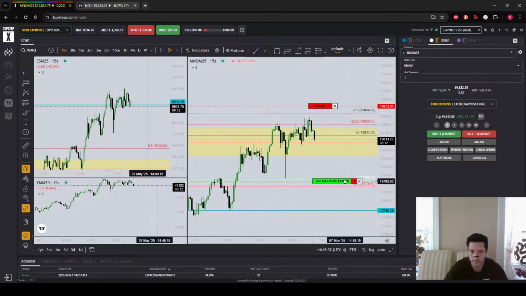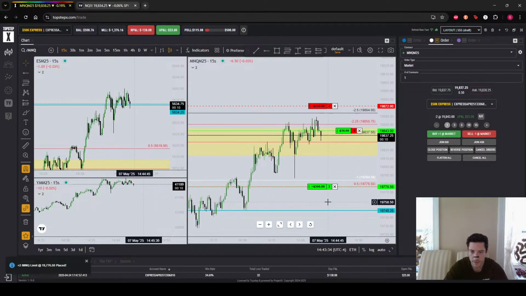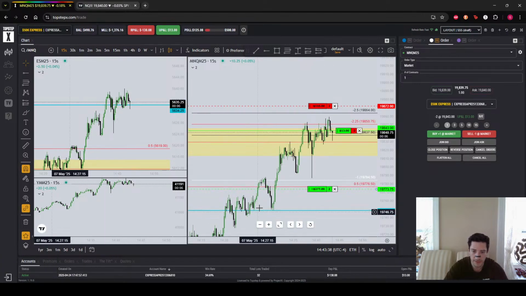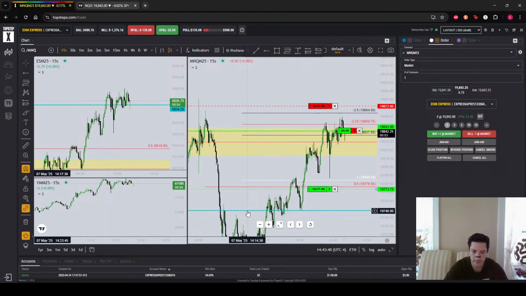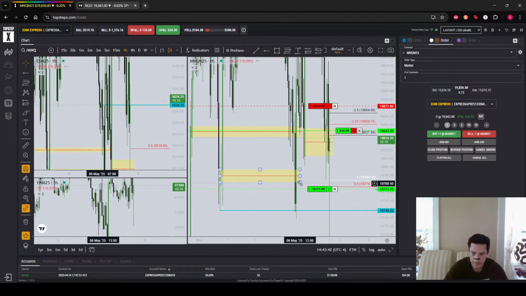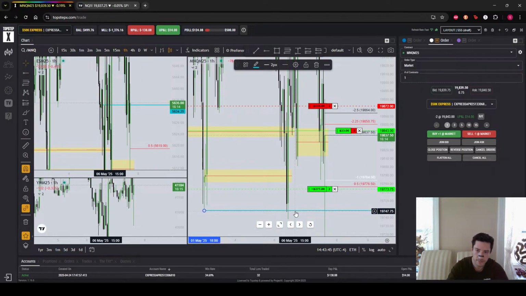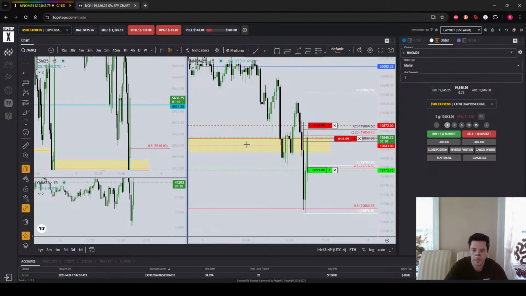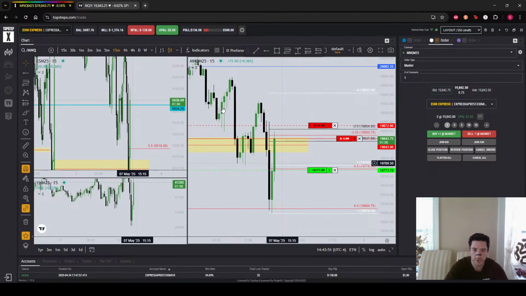Let's see if we can run back down. Maybe somewhere over here, they have these equal lows. What am I looking at here? Okay. This is the midpoint of that range.